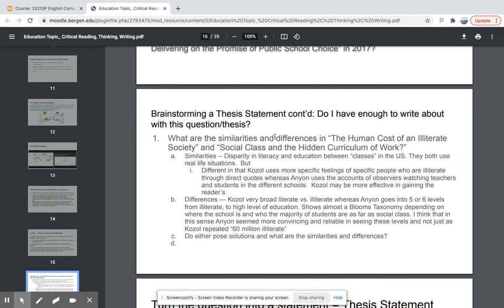And from there, you want to look at, okay, which question is most manageable for me? I know this assignment is only 2 to 4 pages. I'm not writing a book about the topic. I'm not going to spend a ton of time doing additional research. I'm using the readings already provided that I've already skimmed and focused on.